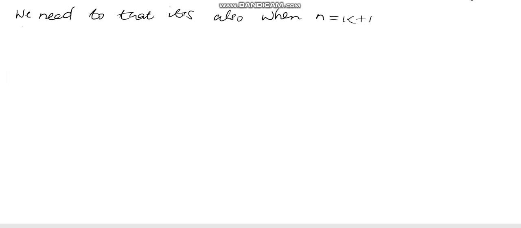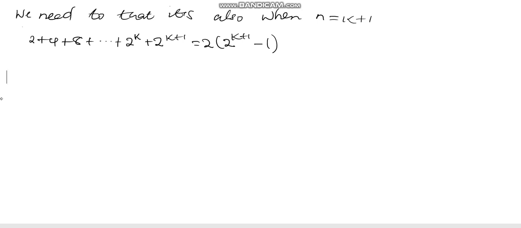So here we have our 2 plus 4 plus 8 plus 2 to the power k, then we add the new term now, 2 to the power k plus 1, equal to 2 open brackets 2 to the power k plus 1 minus 1 like this here.